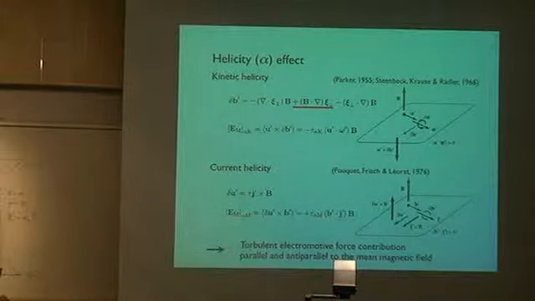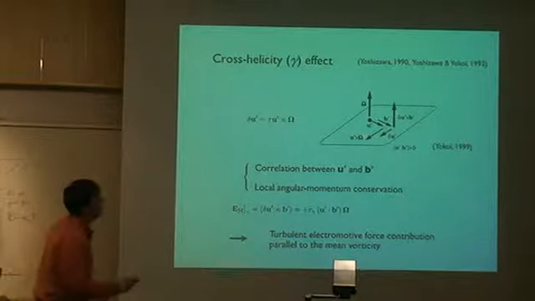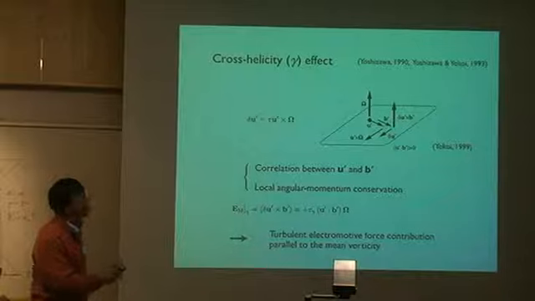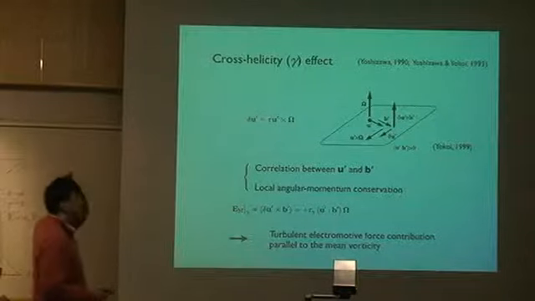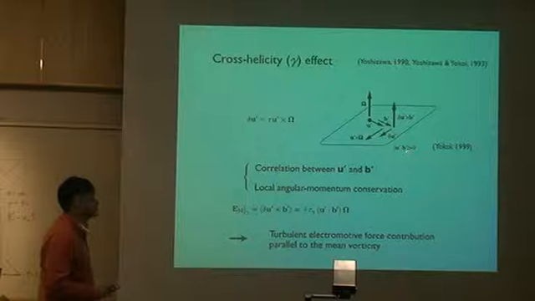So anyway, this type of argument can be done for turbulent magnetic diffusivity, and also the main topic, cross helicity. If we have a fluctuating field in the large-scale vorticity, the assumption is that we have a positive cross helicity in the turbulence field.